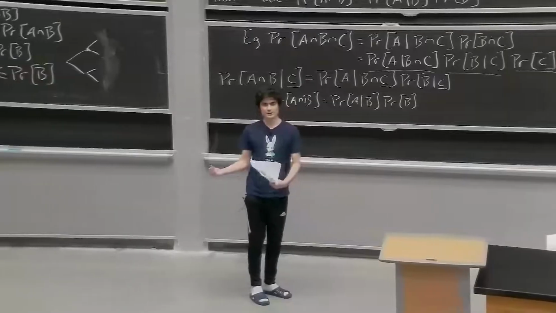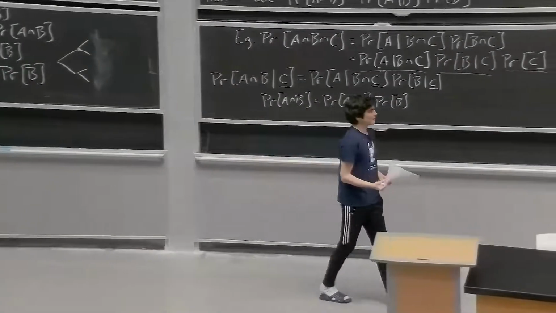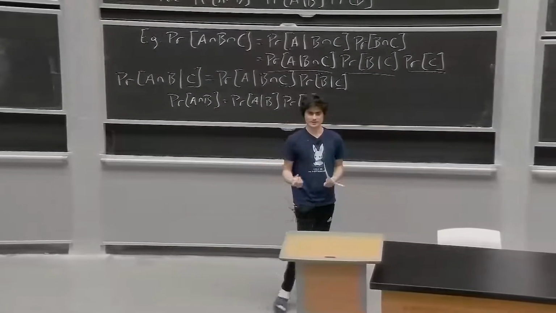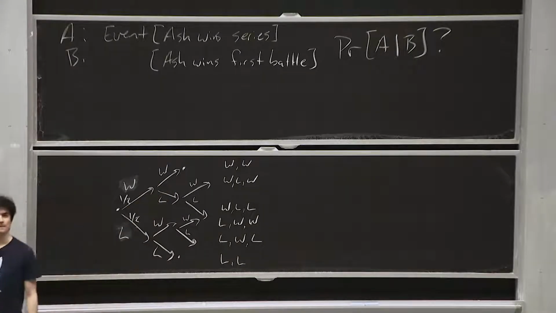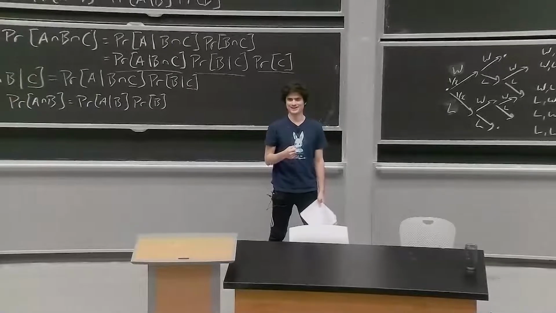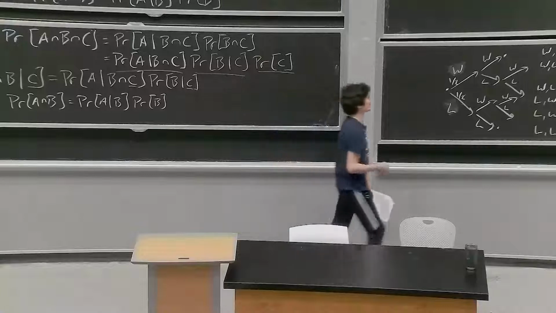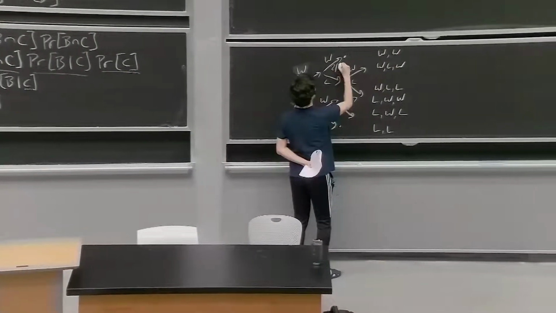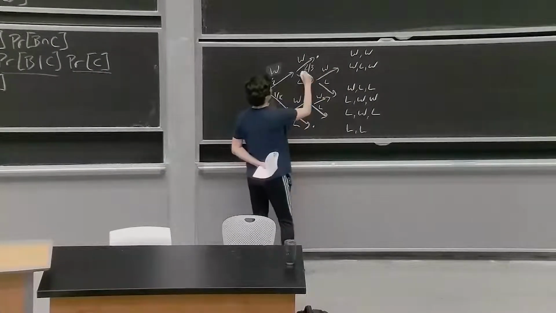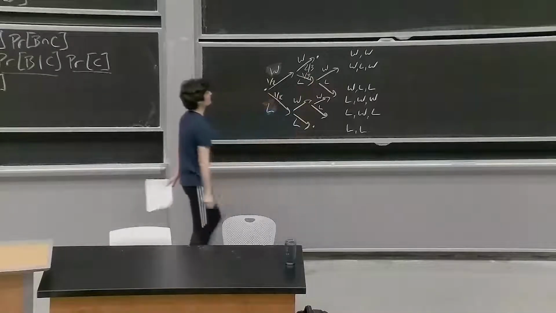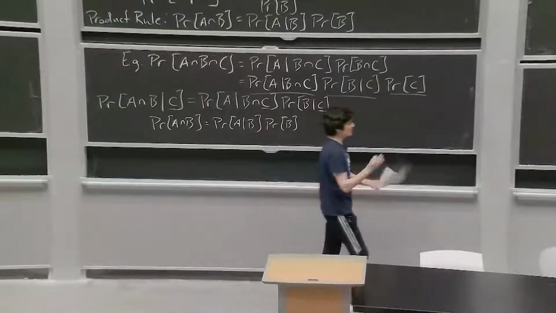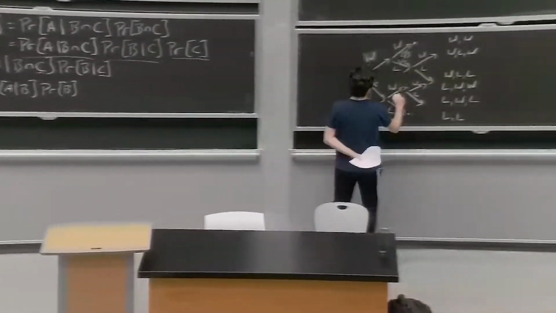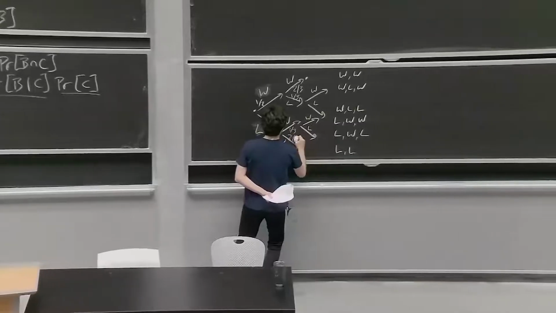Conditioned on winning the first match, what's the probability of winning the second match? What's the probability on this edge here? Do we remember? 2/3, yeah. And so the other branch is going to be the complement of that, so 1/3. And then for the bottom branch, it's going to be exactly the opposite: 1/3 chance of winning, 2/3 chance of losing.